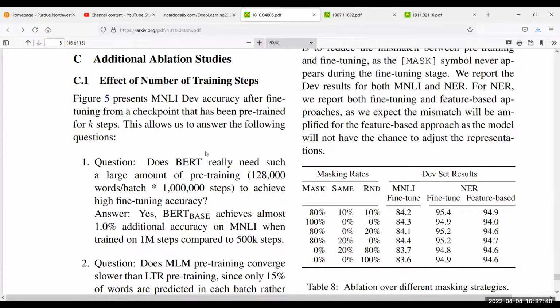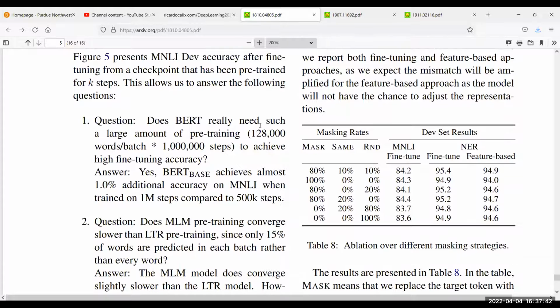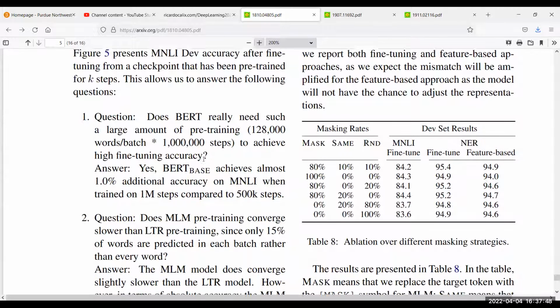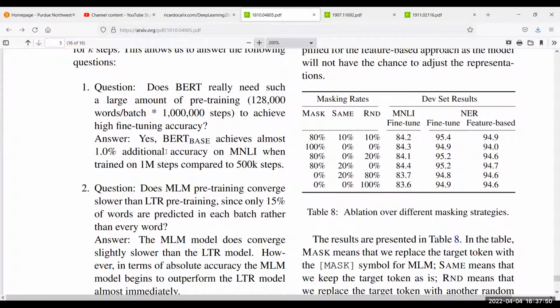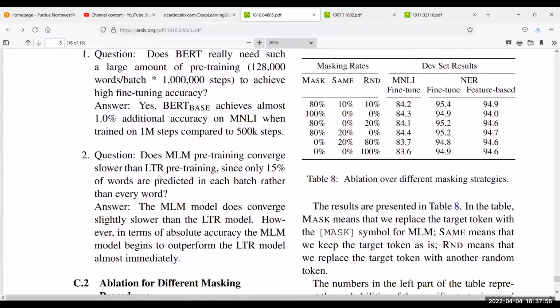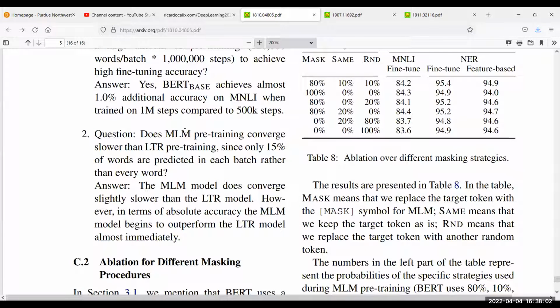And then they looked at different questions for BERT. Does BERT really need such a large amount of pre-training to achieve high fine-tuning accuracy? Yes, BERT base achieves almost 1% additional accuracy on MNLI when trained on 1 million steps compared to 500,000 steps. So you do need a large amount of pre-training. Does the MLM pre-training converge slower than other methods?